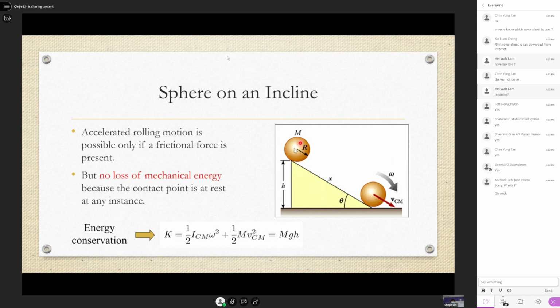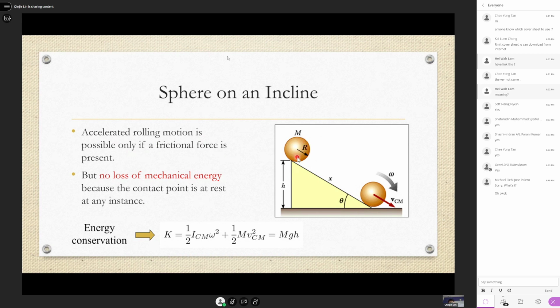So now we come to sphere on an incline. If you have an incline here and you put a sphere on top, what will happen? You all should know lah. The sphere will roll down, right? So this is a rolling motion. Accelerated rolling motion is possible only if a frictional force is present.